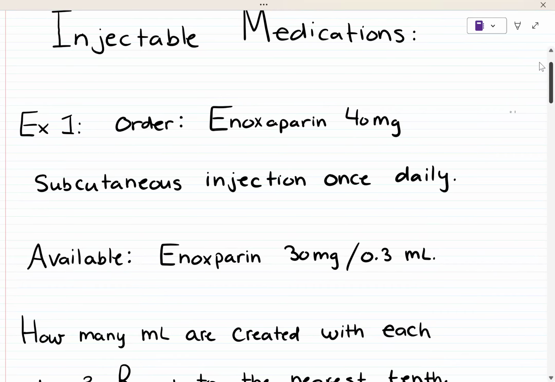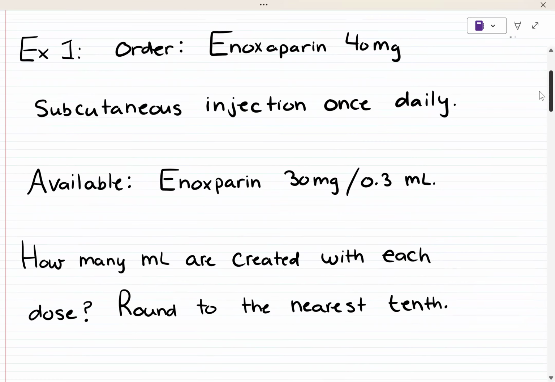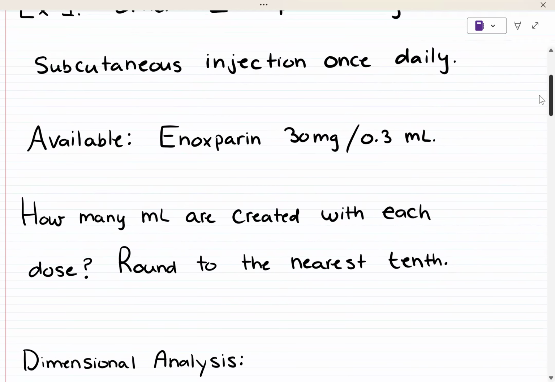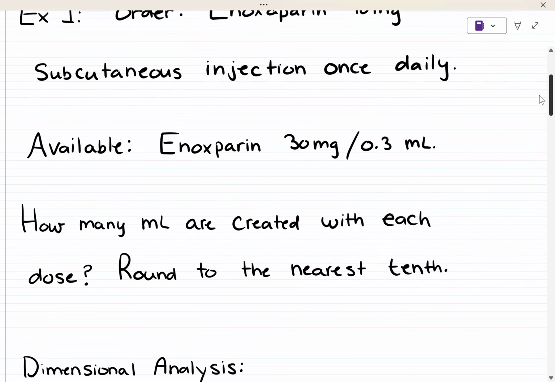So one of the questions says, how many milliliters are created with each dose? Round to the nearest tenths. We could do this part of the question in three ways: dimensional analysis, ratio and proportion, and I also believe we can do the formula method. Our final answer has to be milliliters.